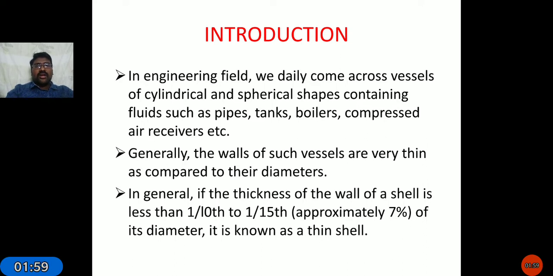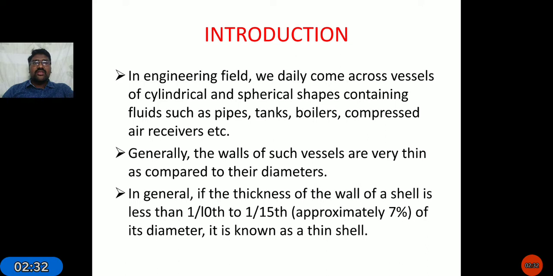Petrol and gas are carried by lorries, vehicles, or storage tanks from one place to another by using pipes, tankers, boilers, and compressed air receivers. All these elements are used to store and transfer fluids at high pressure from one point to another. In those cases, we mainly use pressure vessels.